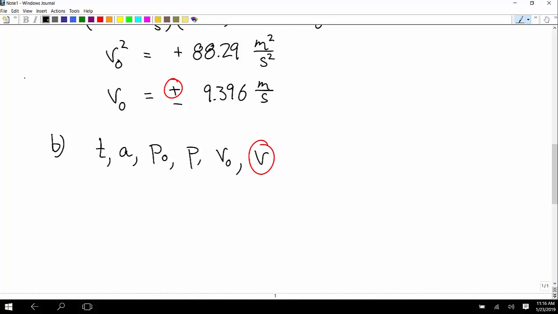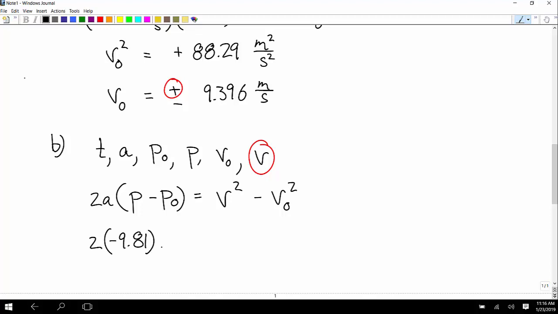Okay, so is there an equation that will let us solve for this? And I think it's the same equation that'll work here. So we'll use 2a times the quantity p minus p0 is equal to v squared minus v0 squared. So we have 2 times negative 9.81 times the quantity.